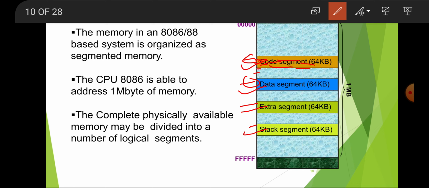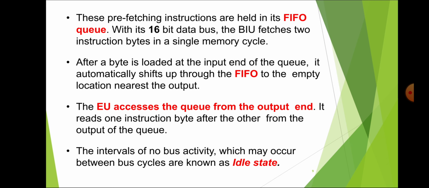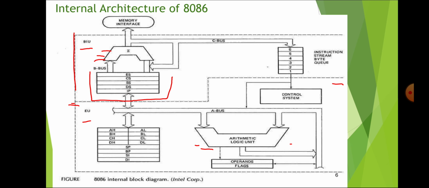First there is one main address, and inside that another address, called the offset address. That offset address is held by the instruction pointer, which holds the offset address of the code segment.